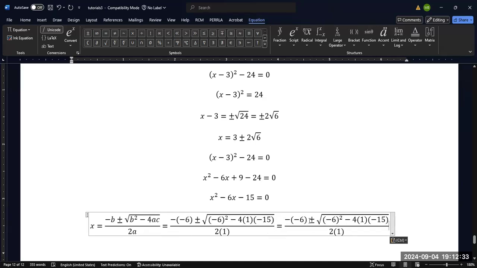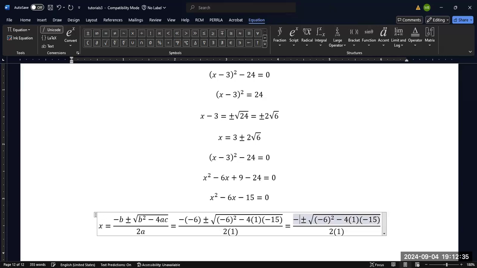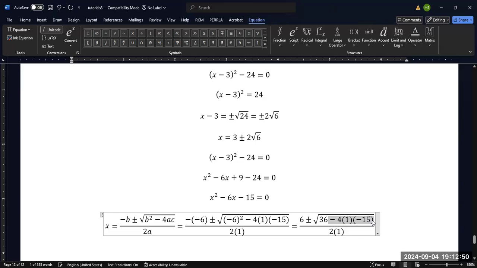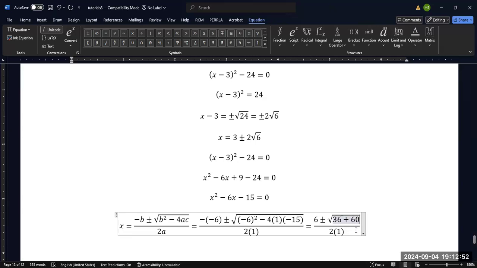Now, negative times negative 6 is going to give me positive 6. And then negative 6 squared is going to give me 36. And negative 4 and negative 15, the 1 is obviously not going to do anything, is going to give me plus 60. And the denominator will just be 2.